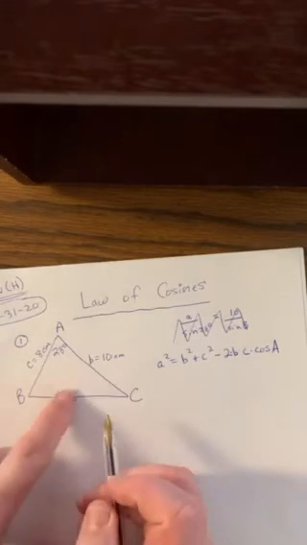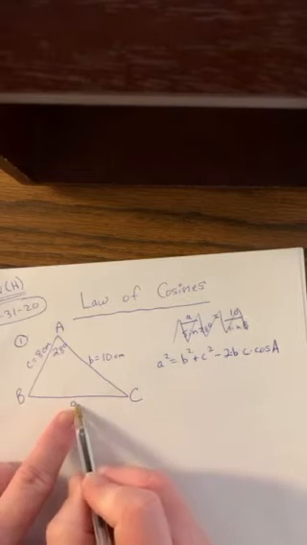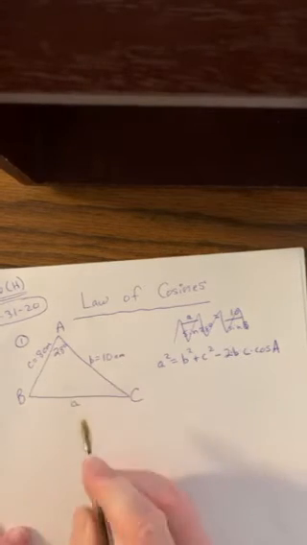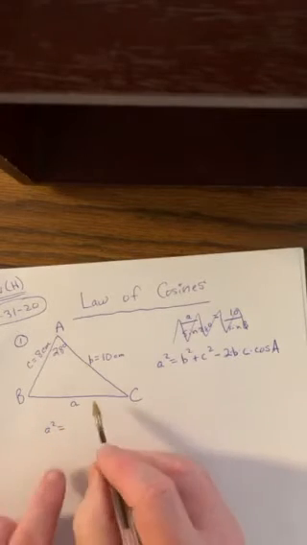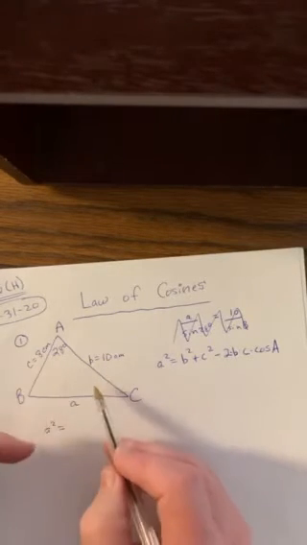So if I try to apply this law on this problem, obviously we're looking for side a. All I want to know right now on this picture is how big is side a. So I'm going to write a squared equals. Now I'm going to take b and c as the other two sides.